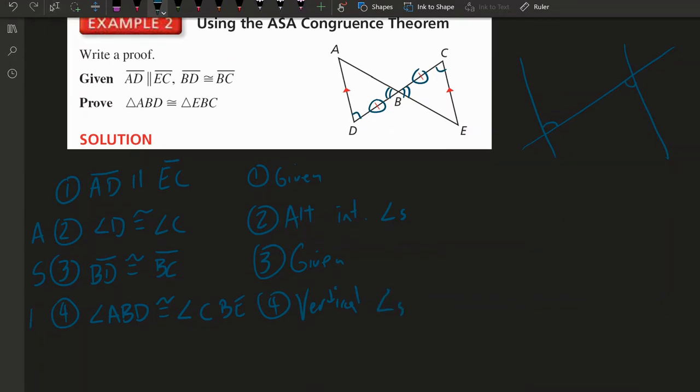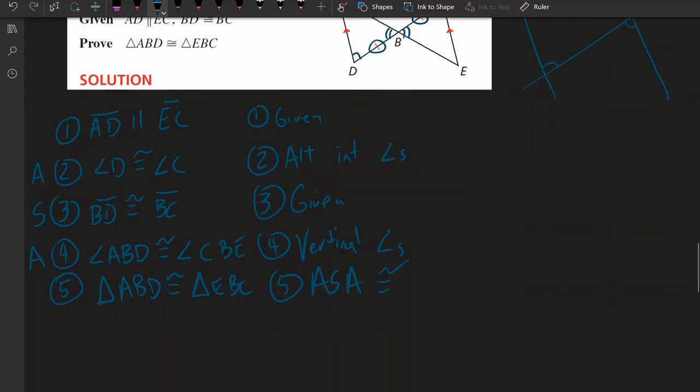And there's angle side angle. So now that I have that, I can say triangle ABD is congruent to triangle EBC because of angle side angle. Let's do one more example.